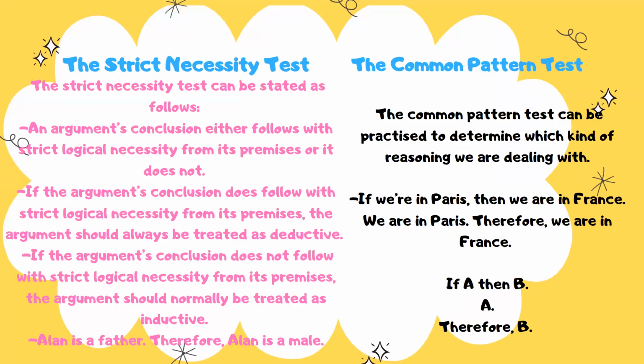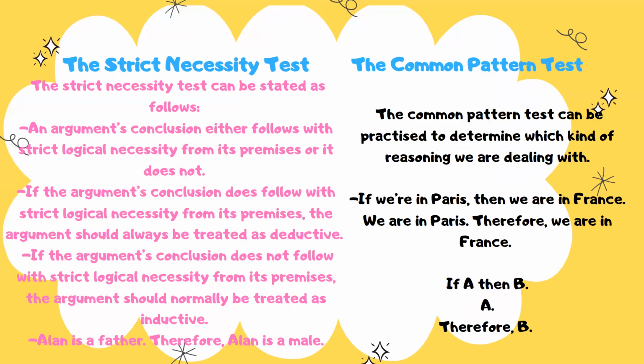And the second test, the strict necessity test. The strict necessity test can be stated as follows. An argument's conclusion either follows with strict logical necessity from its premises or it does not. Second, if the argument's conclusion does follow with strict logical necessity from its premises, the argument should always be treated as deductive.